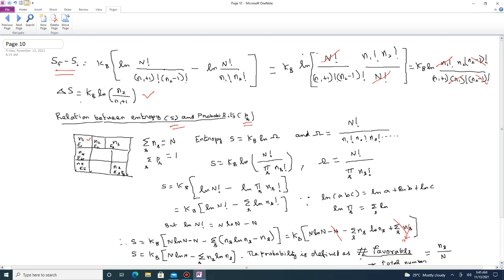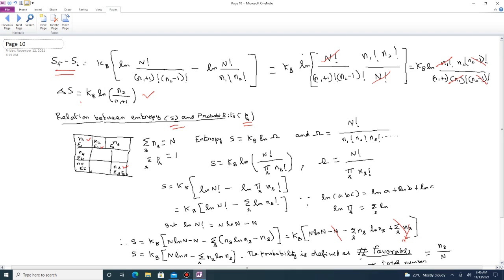Here the energy of the particle in cell 1 is E1, E2 is the energy of the particle in cell 2, and so on. Similarly, for the s-th cell, the number of particles is n_s and the energy is E_s. We can define the probability corresponding to each cell, P1, P2, P3, and P_s will be the probability corresponding to the s-th cell.